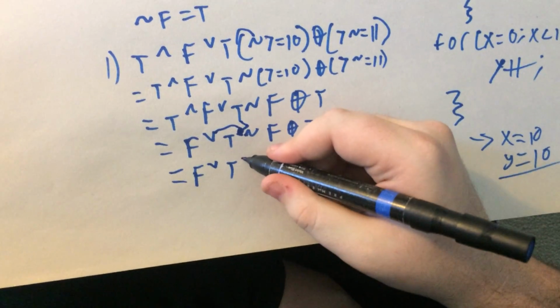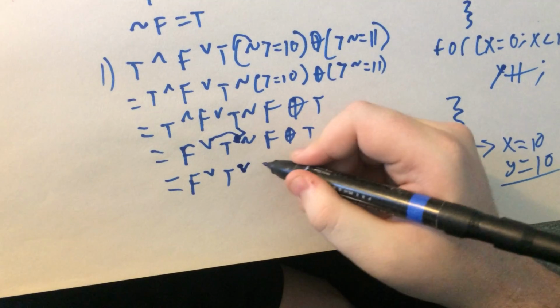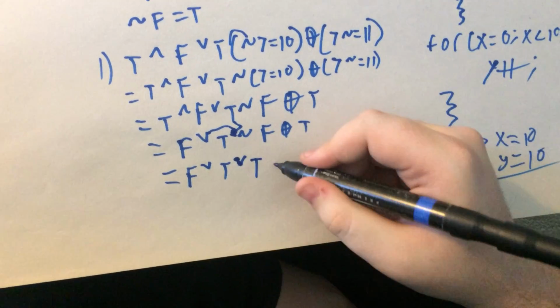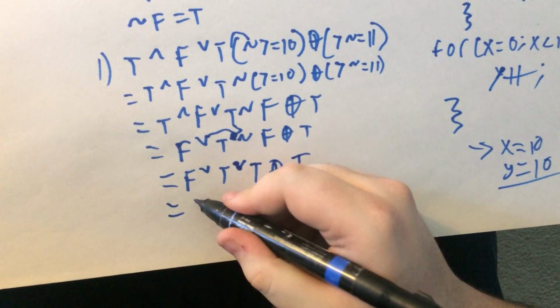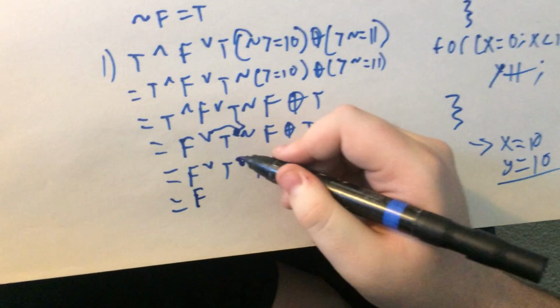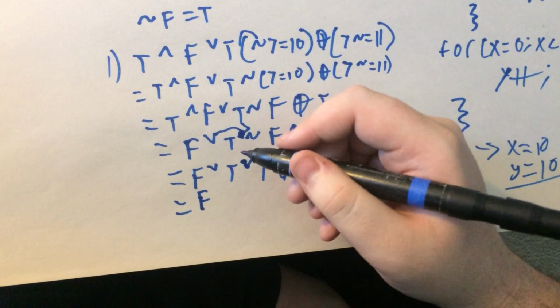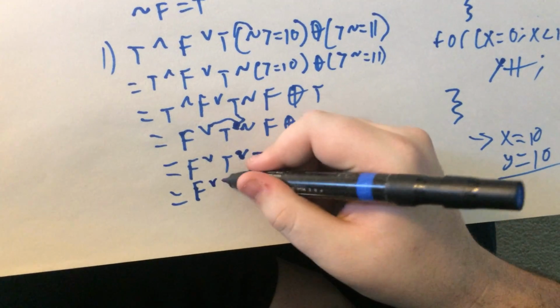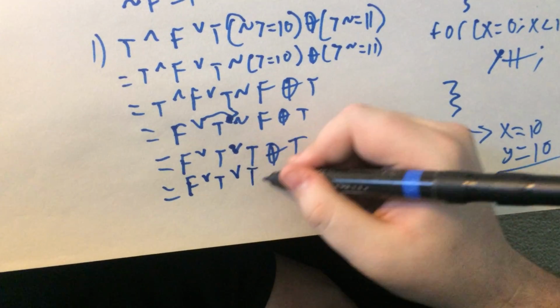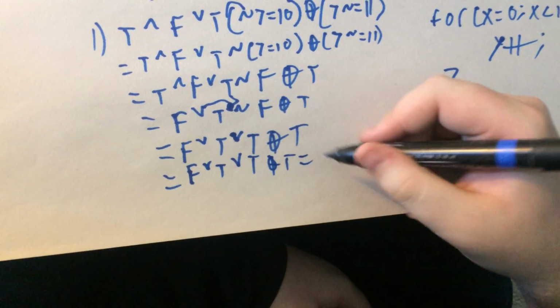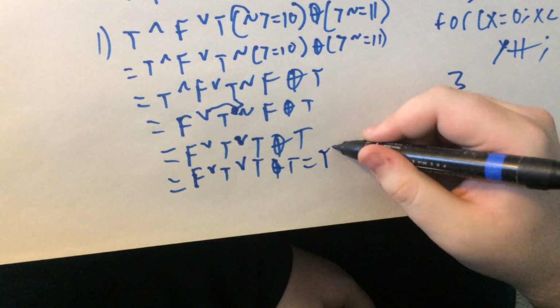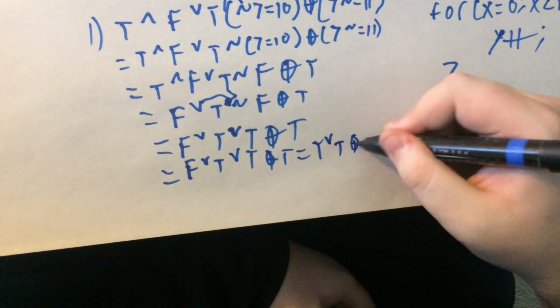So what we get then is false OR true, because NOT false is true, and then XOR true. Either way, false OR true is true, so we have true XOR true.